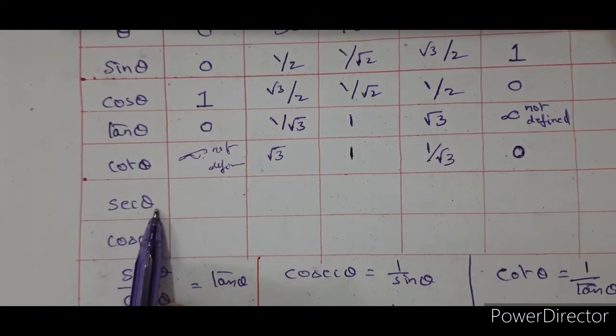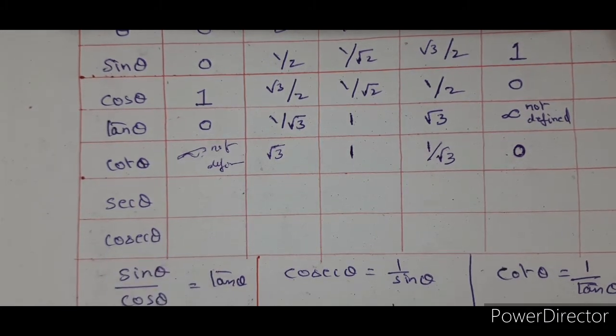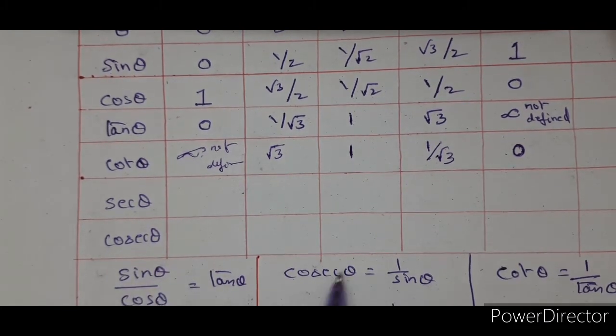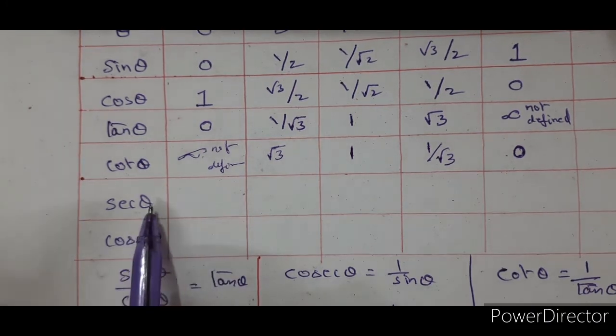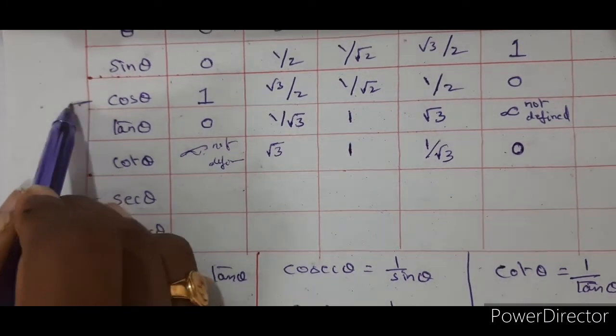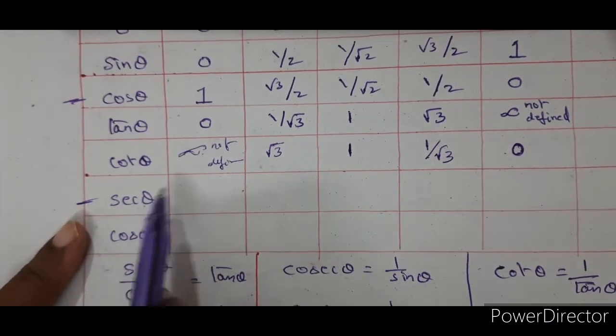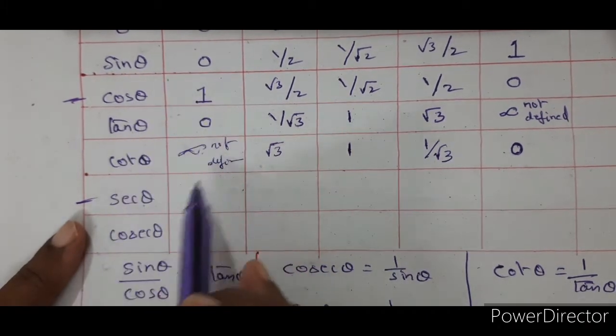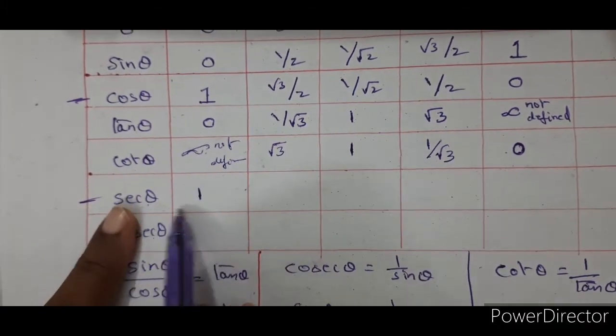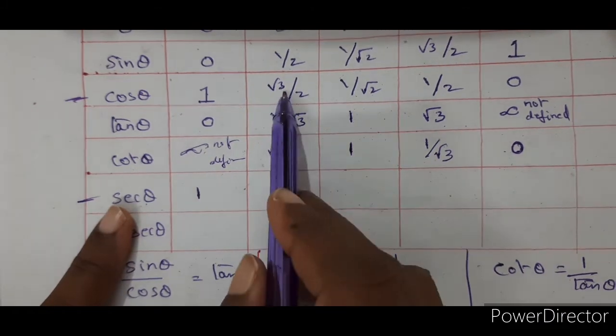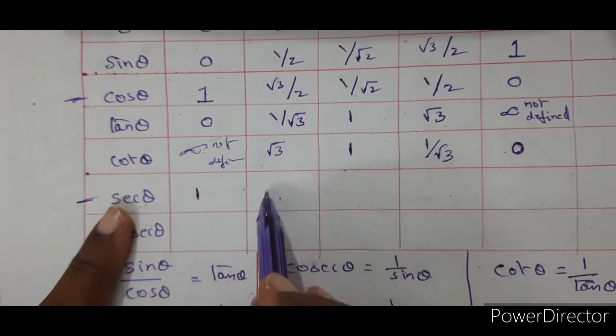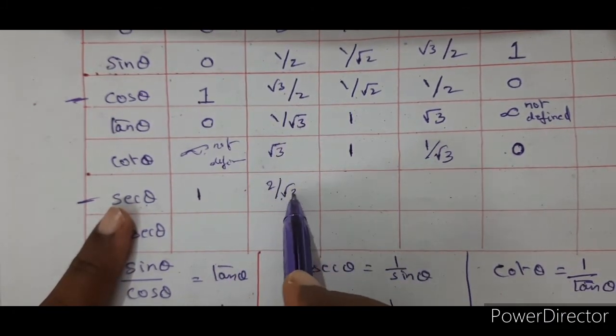Now secant theta, what is secant theta? 1 by cos theta. So from this relationship, secant 0 is 1 by cos 0, 1 by 1 is 1. Secant 30 degrees is 1 by cos 30, the reciprocal of it, 2 by root 3.